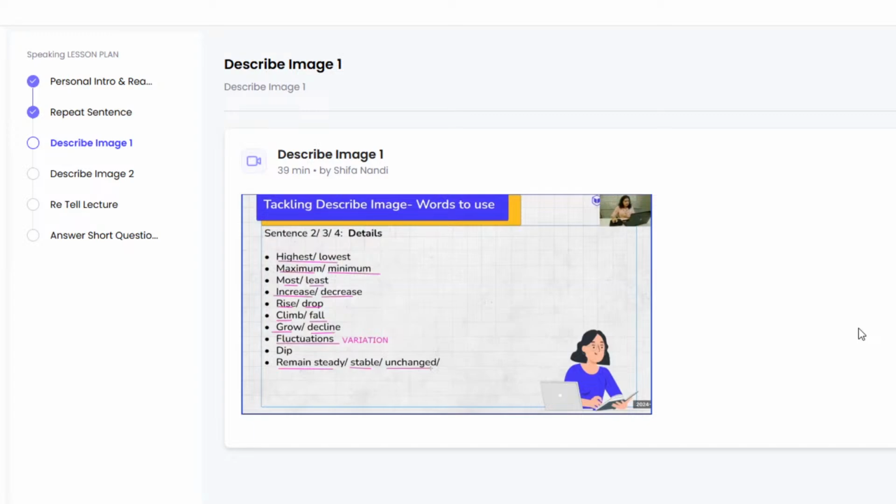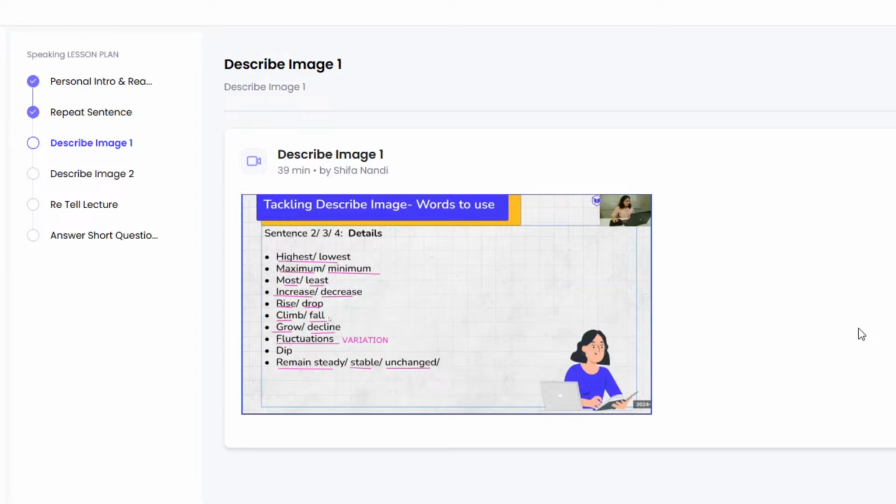That means the figures tend to remain the same throughout the period, or during a certain period they remain the same, then it is remain steady, stable, or unchanged, right? So this vocabulary is going to help you use variety in your answer, and of course it will help you take care of your vocabulary, right?